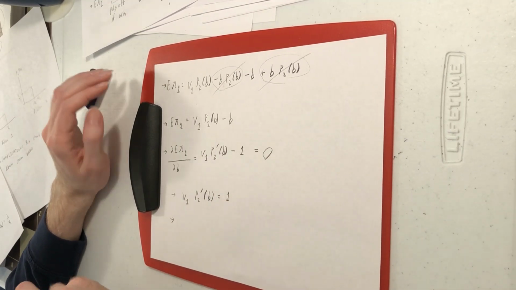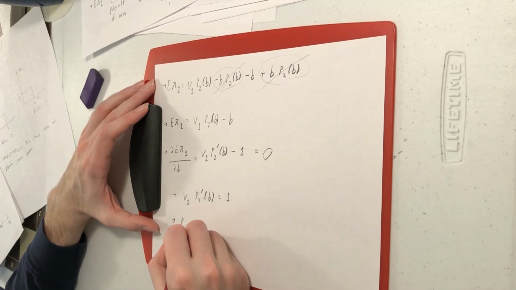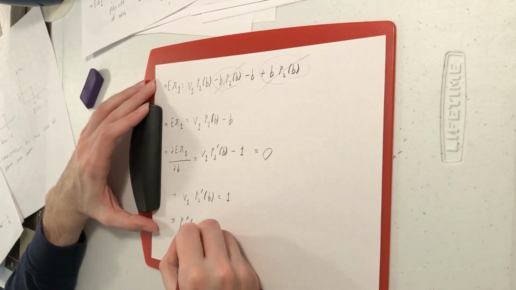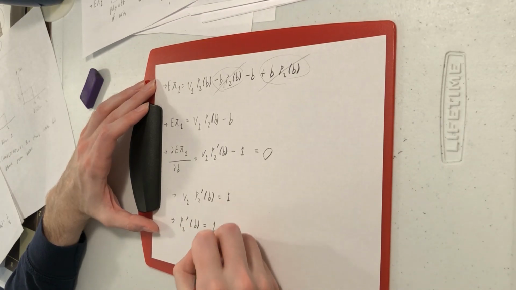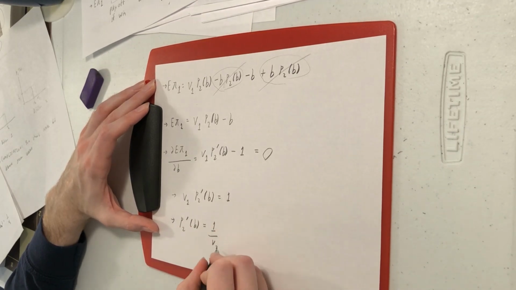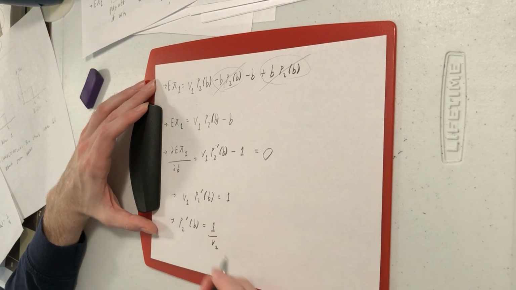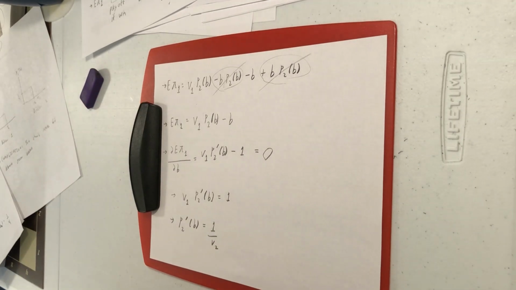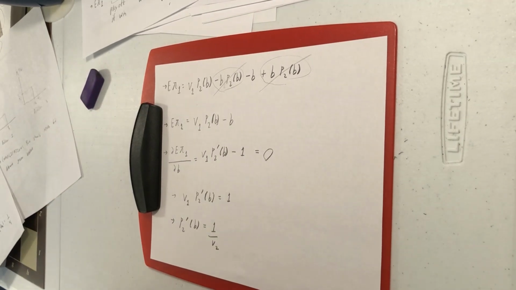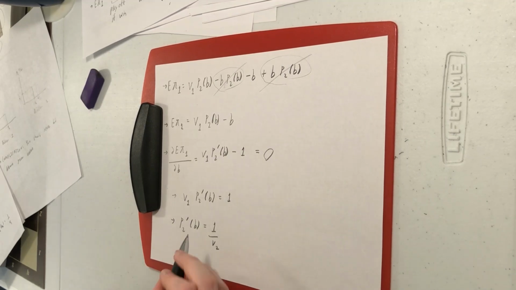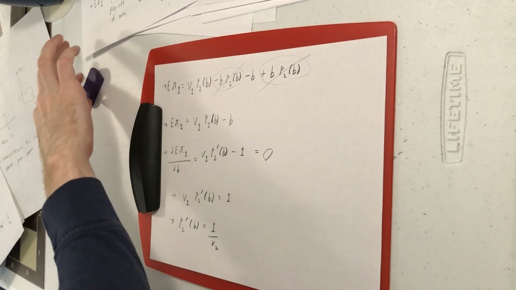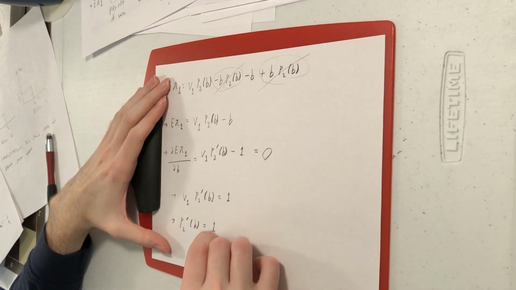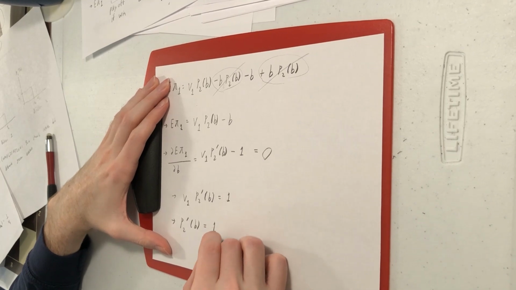Let's divide both sides by V1, and we get that P2 prime of B is 1 over V2. So what's the interpretation of what we've got over here? Oh, sorry, I made a mistake. That's a V1, not a V2.